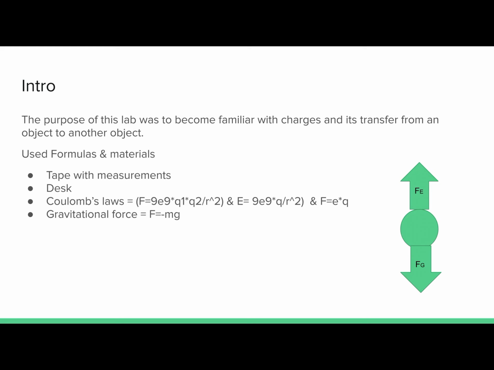In addition, I'm also thinking of the gravitational force, which is force is equal to the negative of mass times gravity, because there's only two forces in this lab: the force of gravity and the force of electricity.